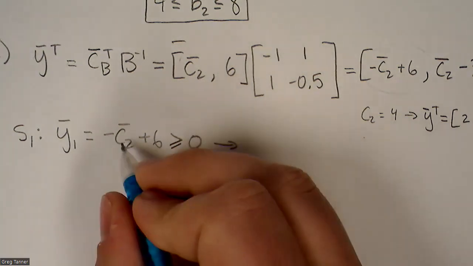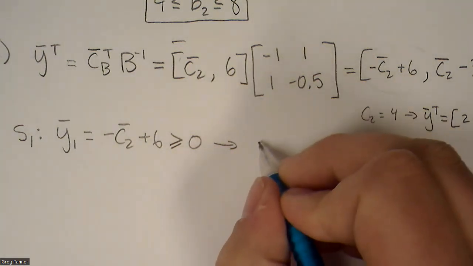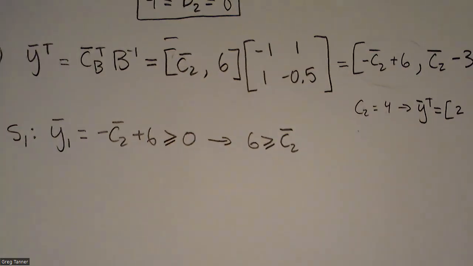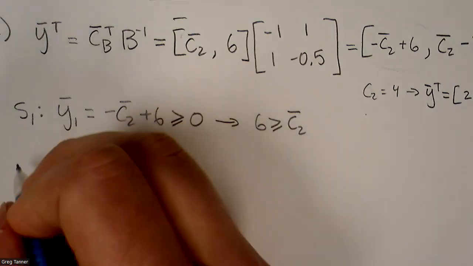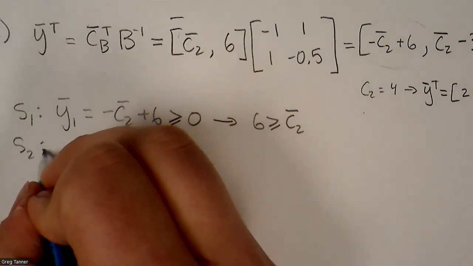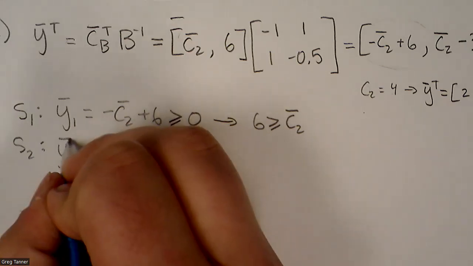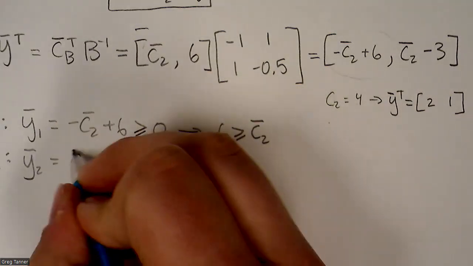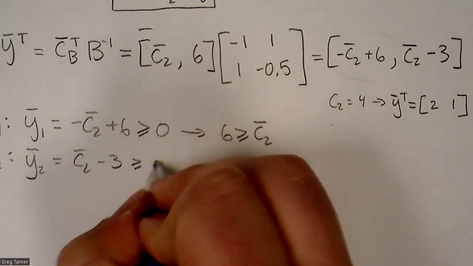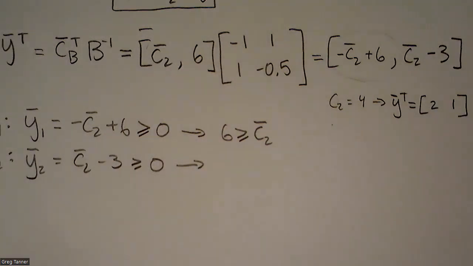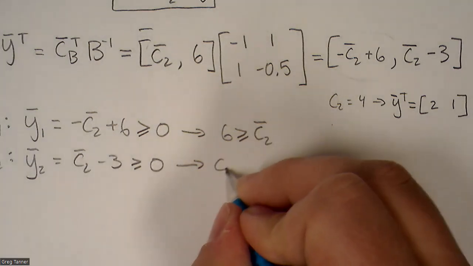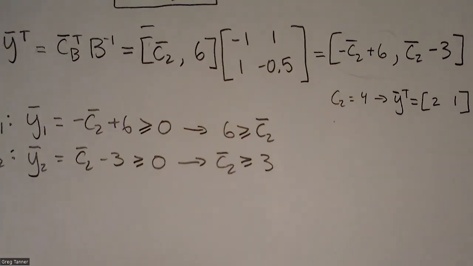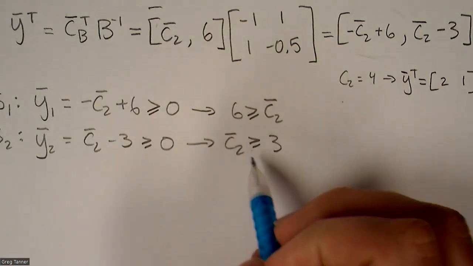So this gives us the constraint: let's add C2 to the other side, 6 is greater than or equal to C2. For s2, we'll be looking at the second dual variable. Reading off from here, C2 minus 3 has to be greater than or equal to 0. Add the 3 to the other side, and we get C2 is greater than or equal to 3. So we've got an upper bound and a lower bound for C2.